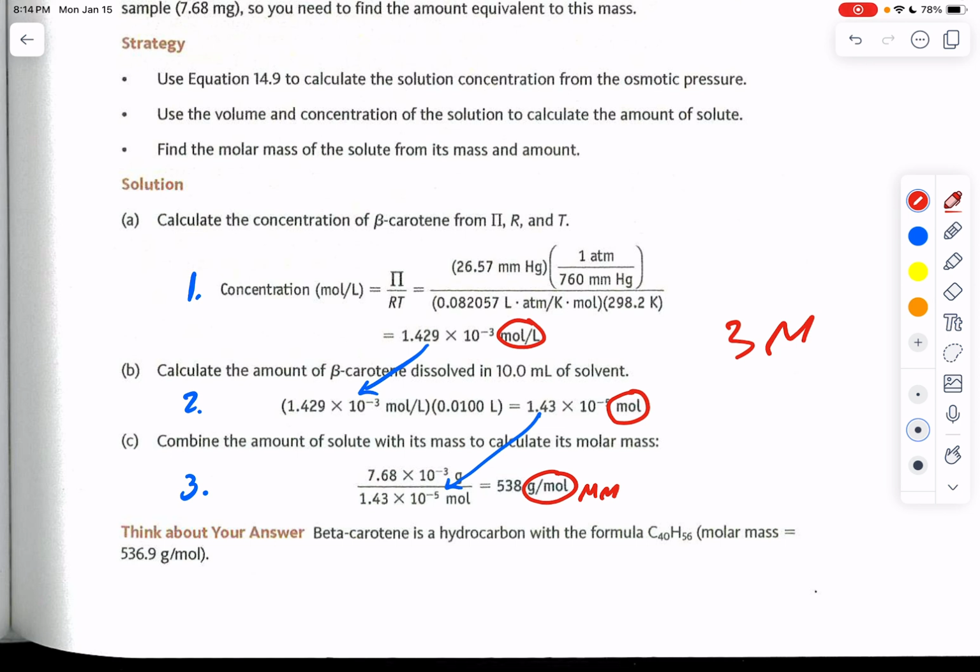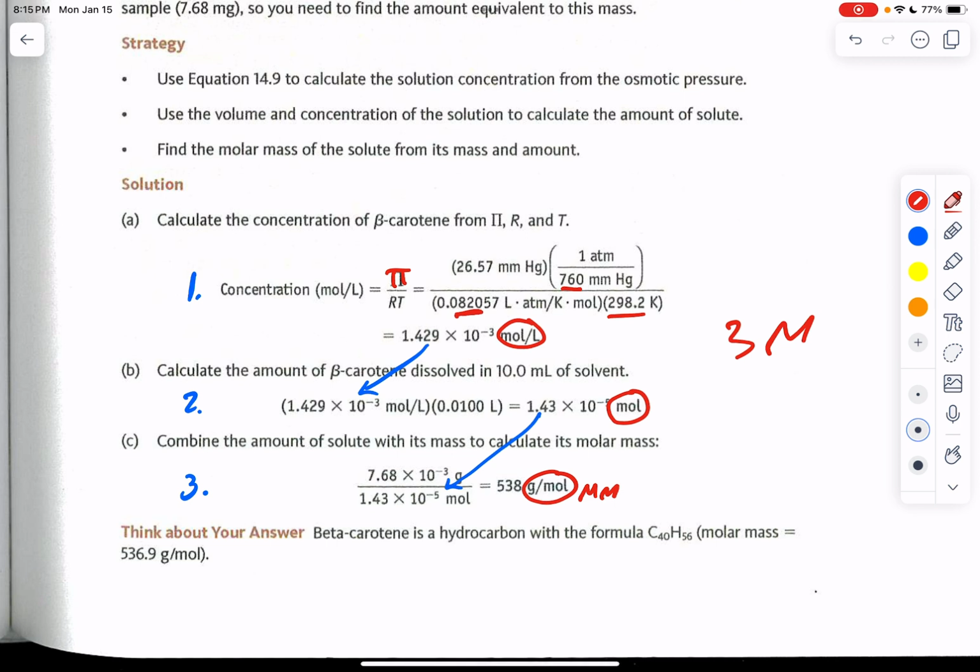Another 3M problem. So the first thing we're going to do is find my concentration. And the way we're going to do that is by taking my pressure, capital P, and I want it in atmospheres because I'm using this constant right there. So I convert my millimeters into atmospheres, 760 millimeters of mercury per 1 atmosphere, and divide by my R constant and my temperature to get my molarity.